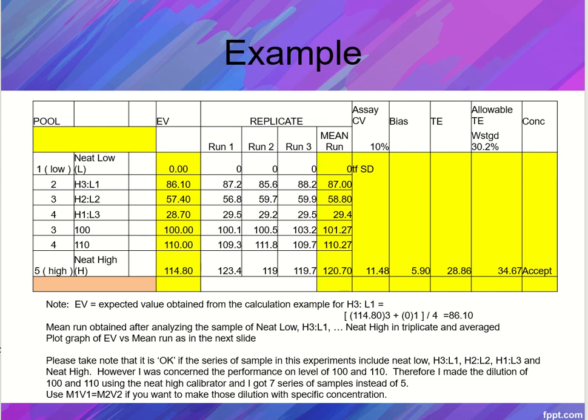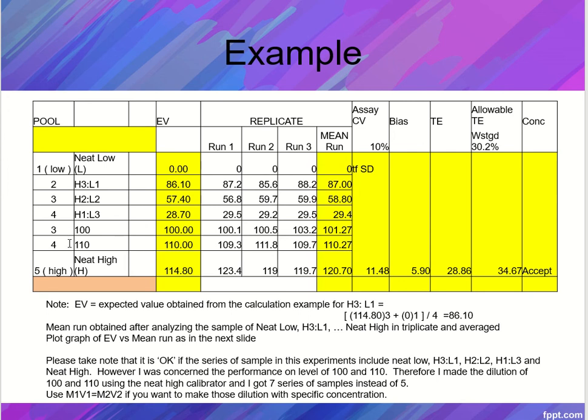Okay, please take note that it is okay if the series of samples in this experiment includes the neat low, the mixtures of low and high concentration, and the neat high. However, I was concerned about the performance at the levels of 100 and 110.